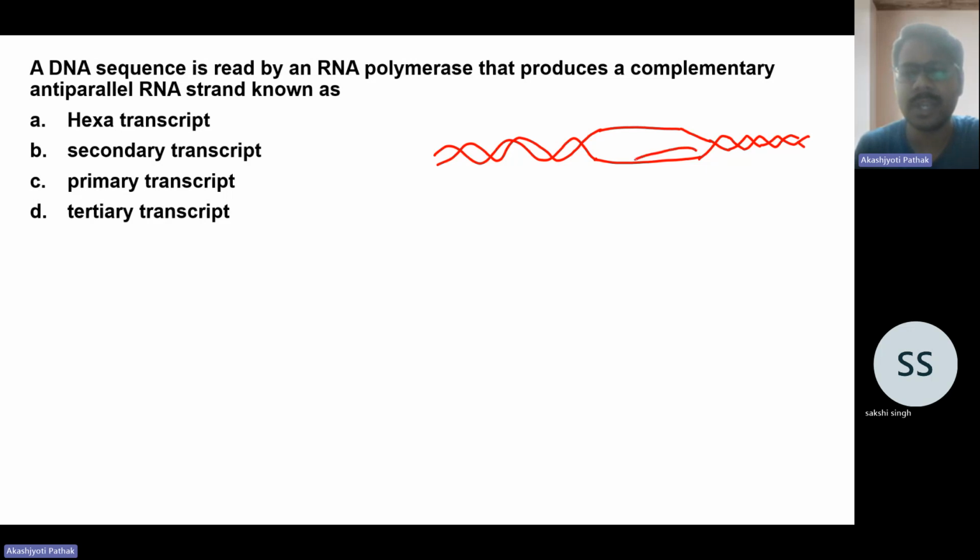This RNA strand which is synthesized is called the primary transcript.